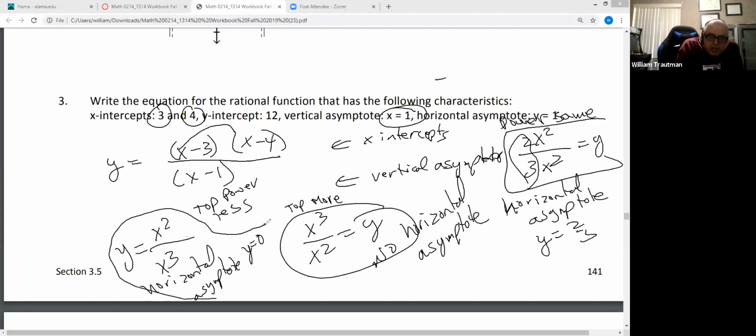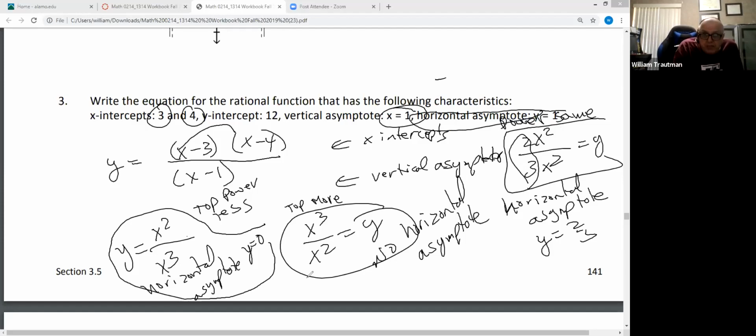If the top power is less than the bottom power, then the horizontal asymptote is y equals 0. So it says our horizontal asymptote in this problem is 1.